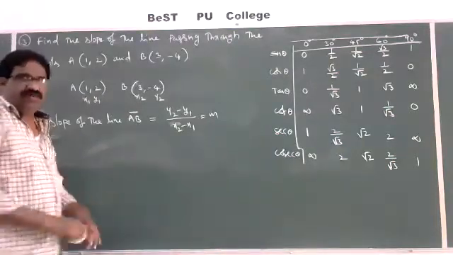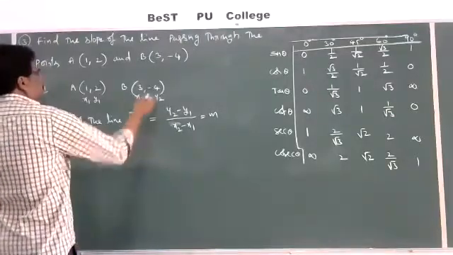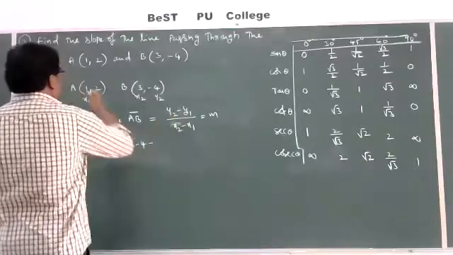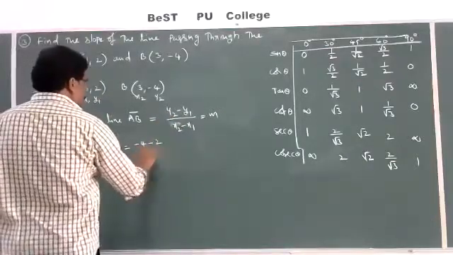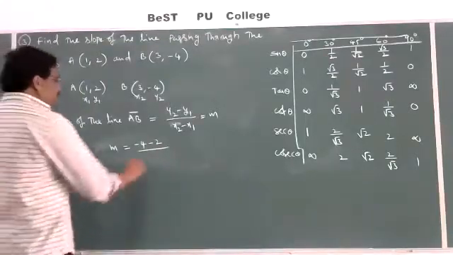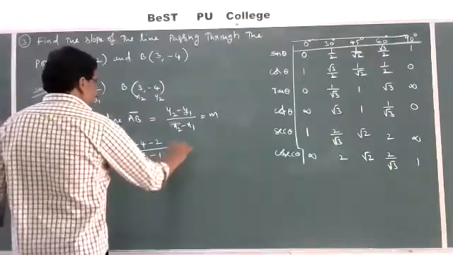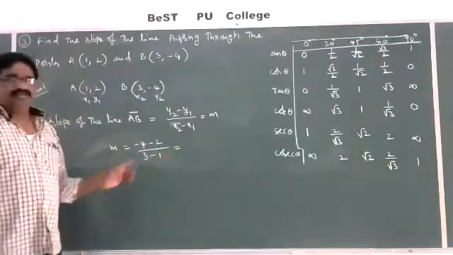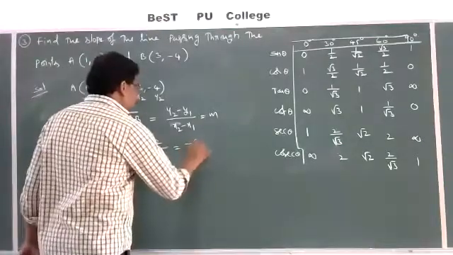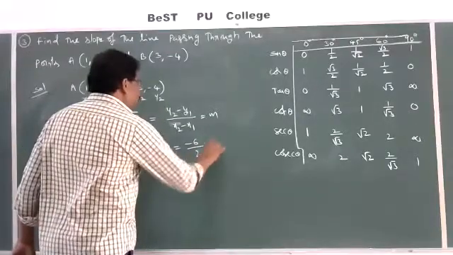Yesterday we proved this formula, that is m is equal to y2 minus y1 by x2 minus x1. Here substitute: y2 is minus 4 minus y1 which is 2, by x2 which is 3 minus x1 which is 1. In the numerator minus 4 minus 2 is minus 6, by 3 minus 1 is 2.